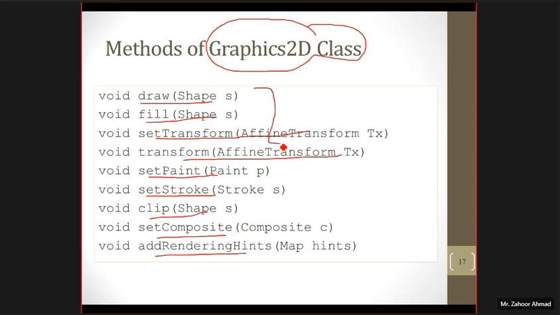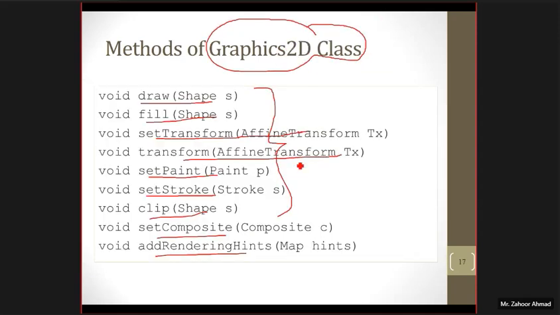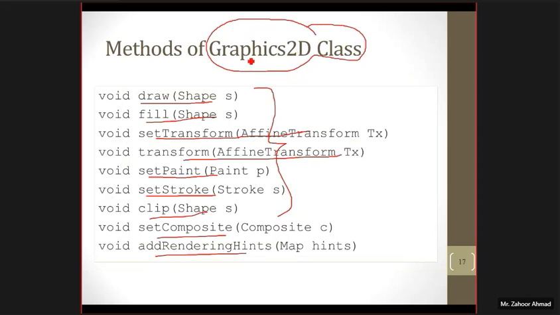You will see here we have extra methods which are not present in AWT. In Graphics2D, you can do everything you are able to do with AWT, but in AWT we don't have those methods which are present in Graphics2D. Graphics2D has some extra methods, more than AWT.